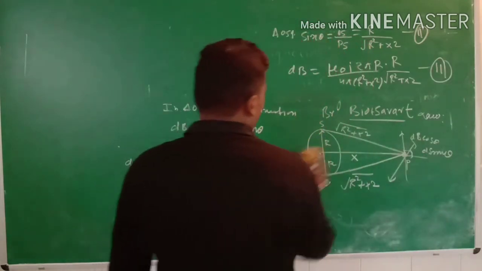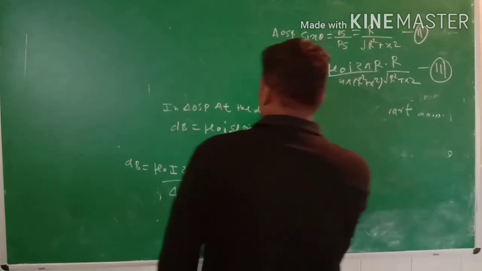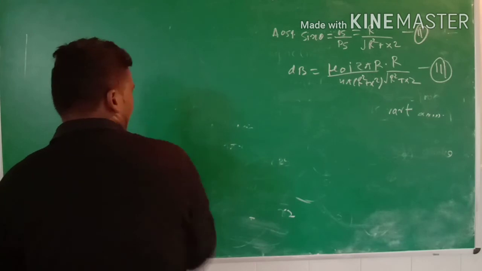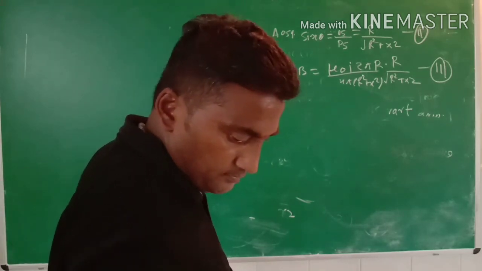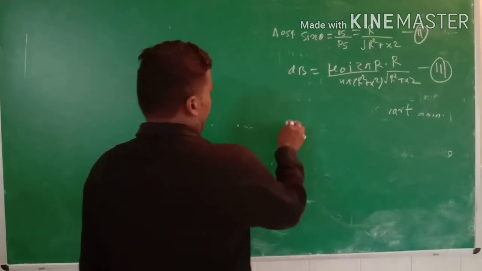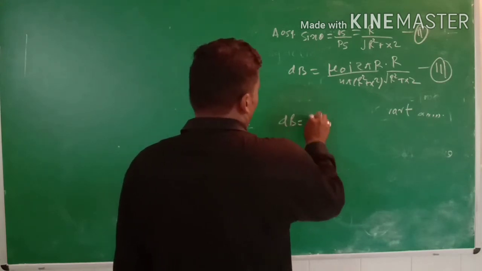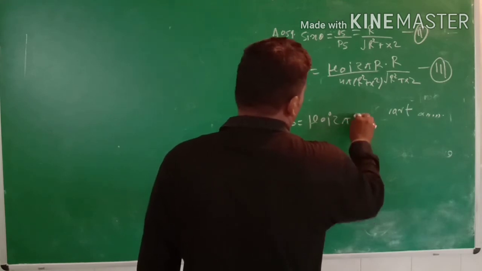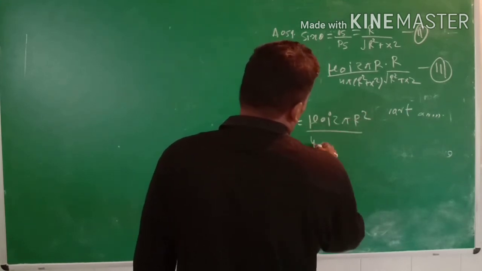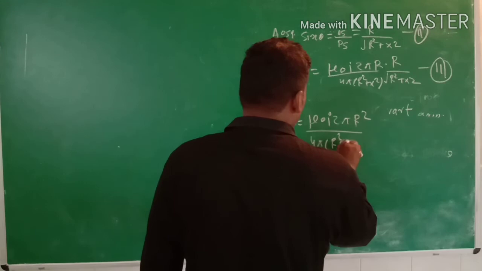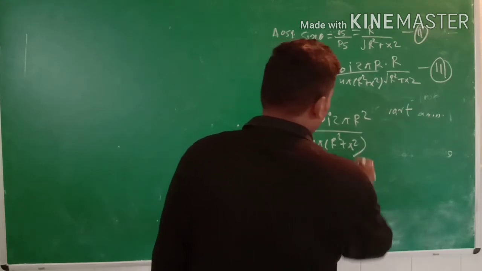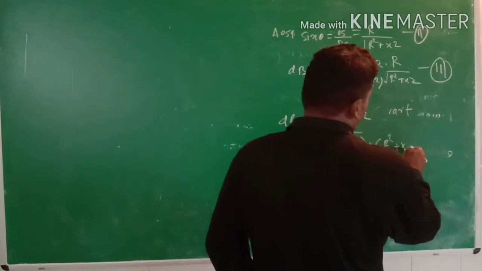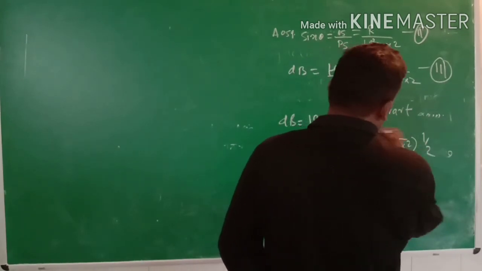Now we identified the value of the magnetic field is given by the relation dB is equal to mu naught I 2 pi r square upon 4 pi (r square plus x square) into (r square plus x square) power 1 by 2.